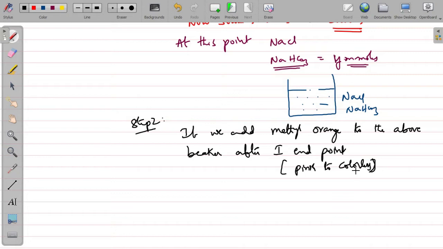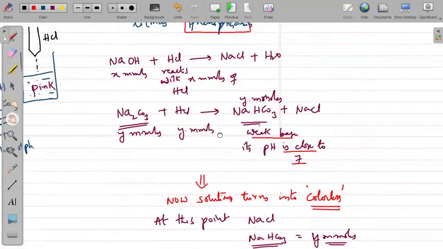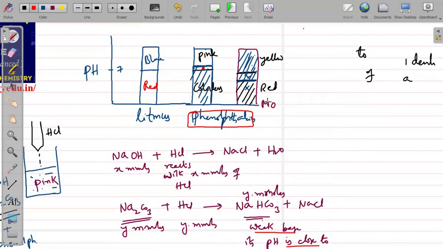Now after that we are adding methyl orange into the beaker. When you add methyl orange, what happens? Already it is a colorless solution. Methyl orange treats sodium bicarbonate as a basic medium. In the case of phenolphthalein, this point falls in the colorless, acid region, whereas the same point falls in the basic medium in the case of methyl orange.